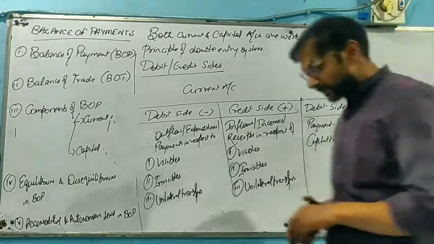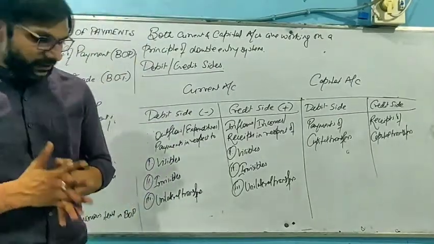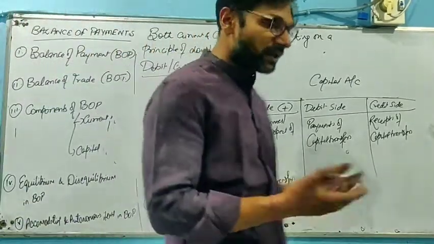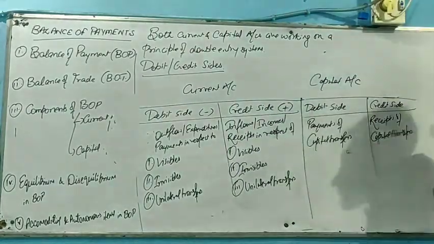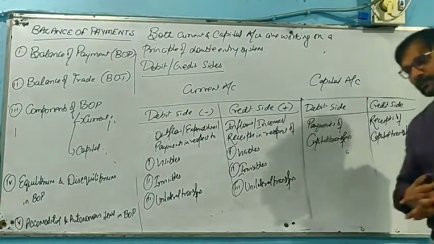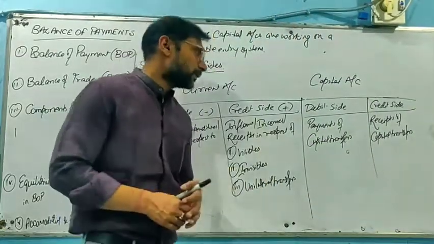It means if we have borrowed the money from international banks or foreign banks or IMF or World Bank, as well as if FDI has been made in India, portfolio investment by foreign institutions, investors have been made in India, right?